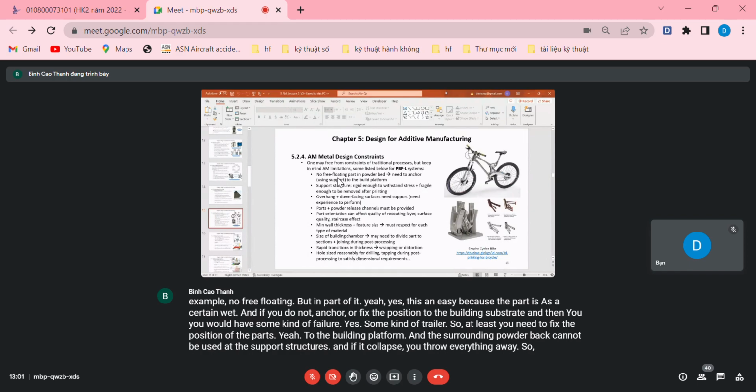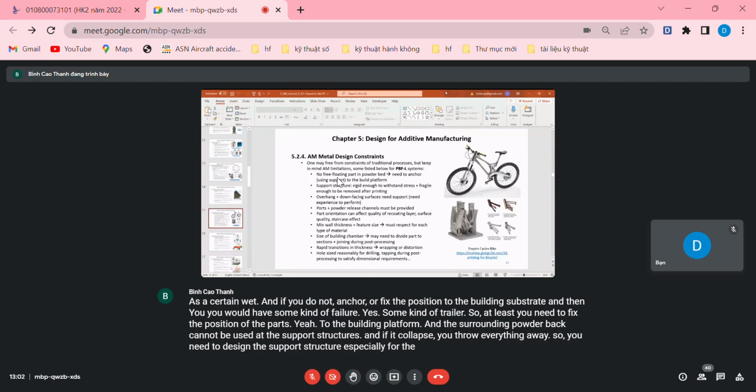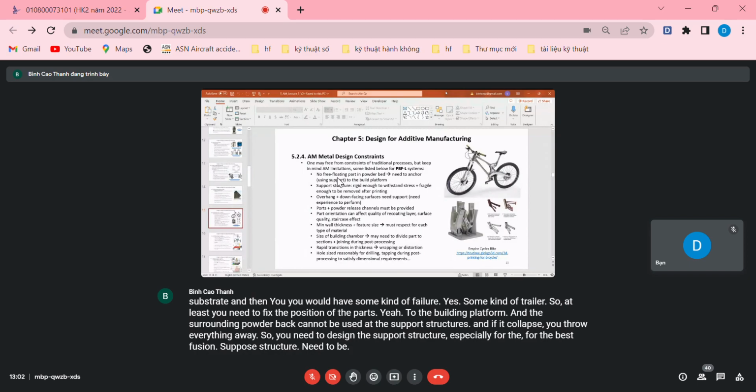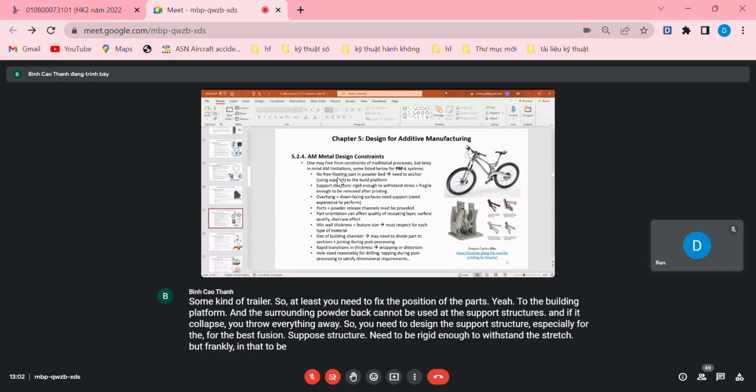So you need to design the support structure, especially for powder bed fusion. The support structure needs to be rigid enough to withstand the stress, but fragile enough to be removed after the 3D printing, so you need to find a trade-off.